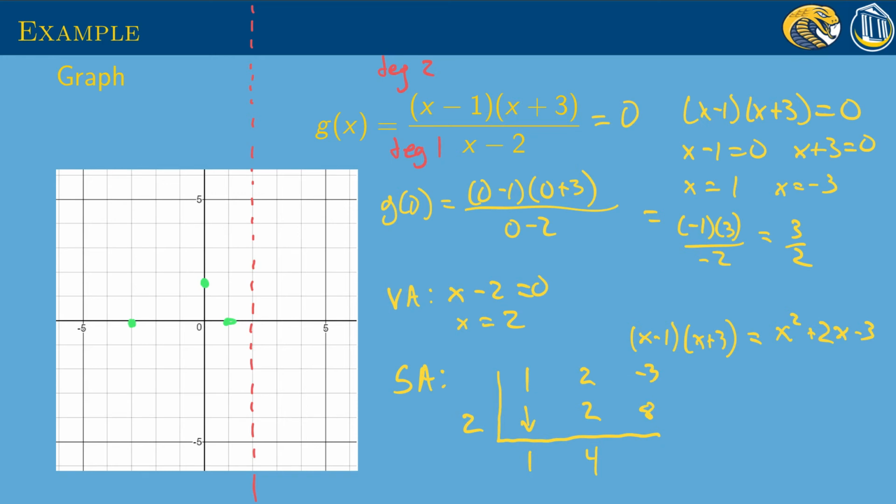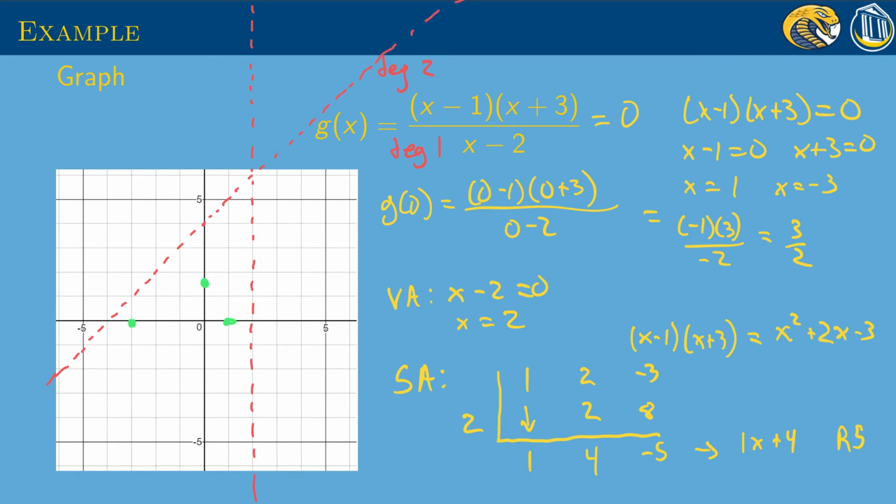And negative 3 plus 8 is negative 5. This gives us a slant asymptote of 1x plus 4 with a remainder of 5. 1x plus 4, that's a line going through a y-intercept of 4 and extending off in both directions just like this.